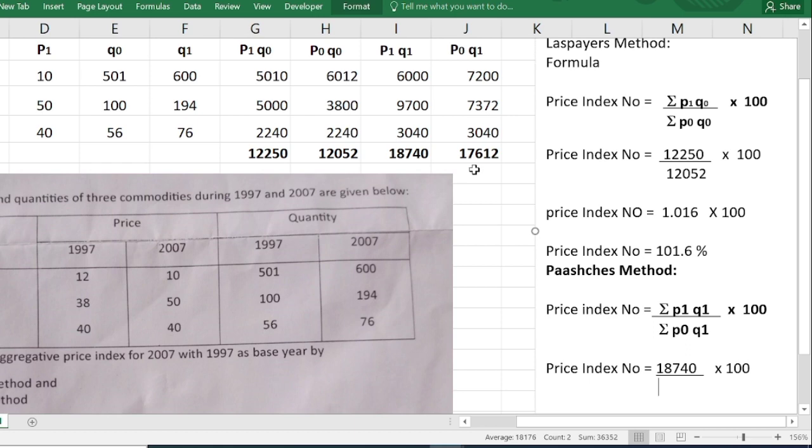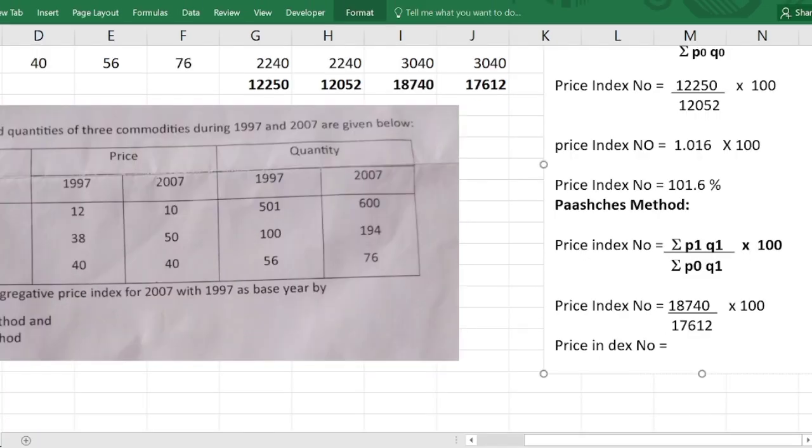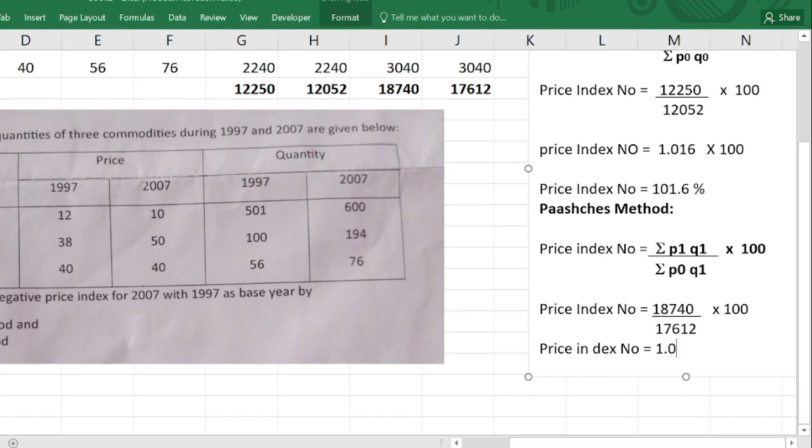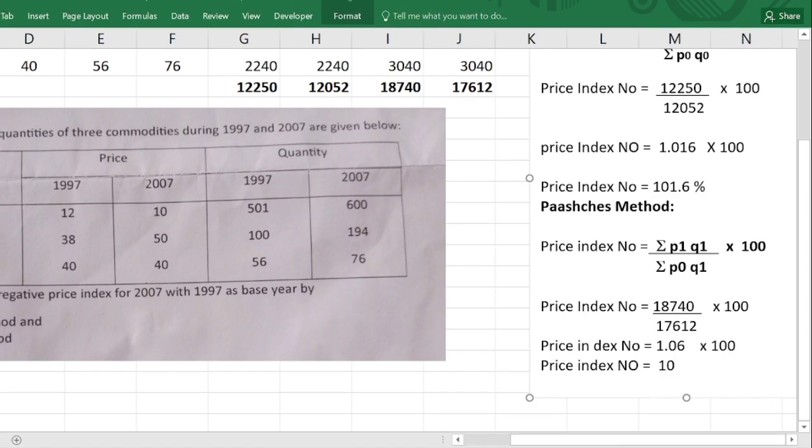So here we write 17,612. In the next step, when we divide 18,740 by 17,612, we find the value 1.06, and we multiply this value by 100, and we find the price index number by Paasche method is 106%.